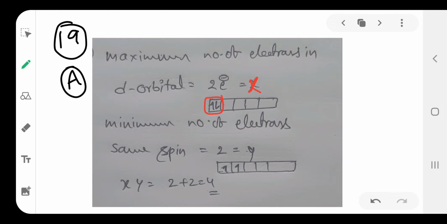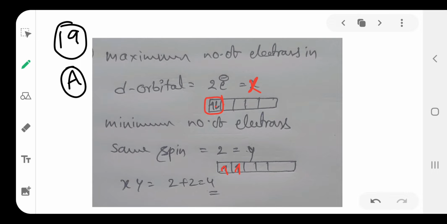Minimum number of electrons with the same spin. Minimum how many electrons? These 2 electrons. Here 2 electrons are there in one orbital. When an electron gets excited, it jumps to the second orbit, so one electron stays and the second electron is transferred. So a minimum of 2 electrons have the same spin.